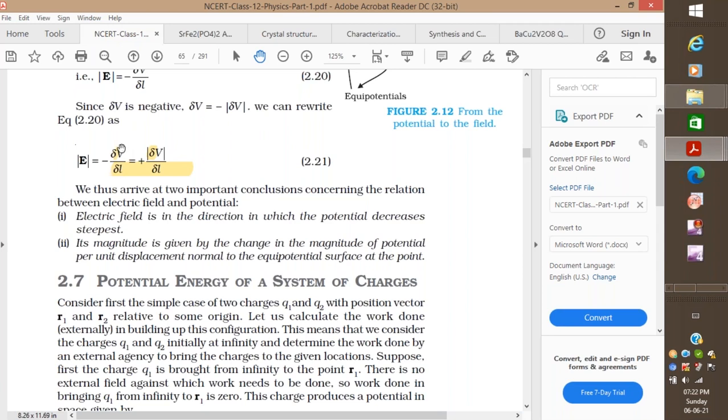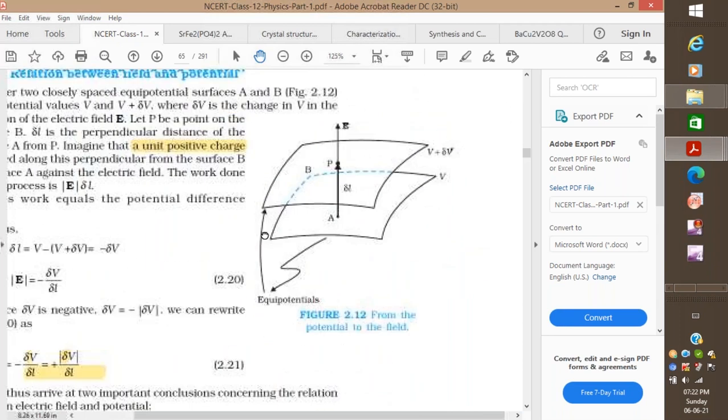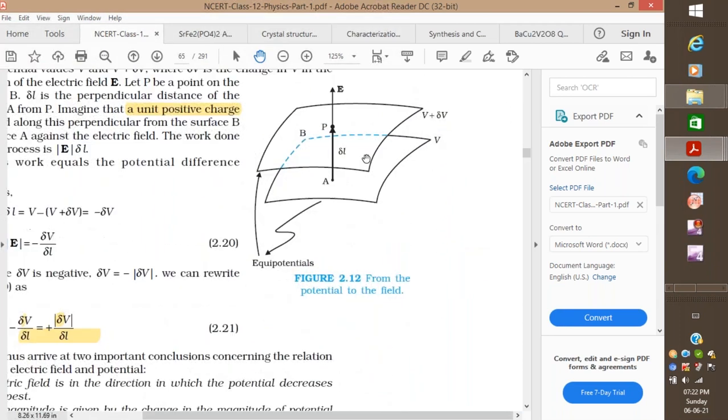Potential decreasing, the direction in which the potential is decreasing faster or steepest, the electric field will be directed that way. So look here, the potential is decreasing in this way. Actually, if delta V is negative, I can say in this way. So according to my figure here, the potential should be decreasing this way.